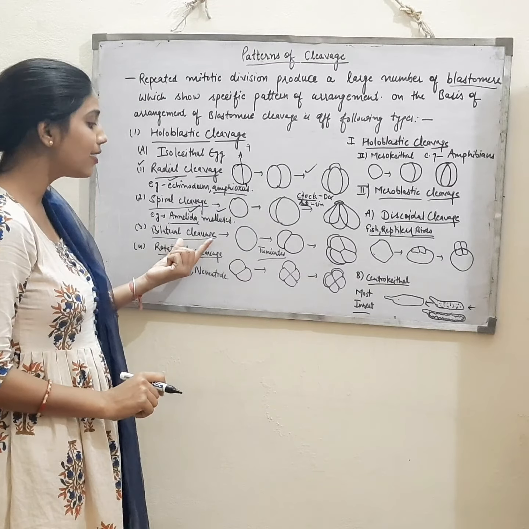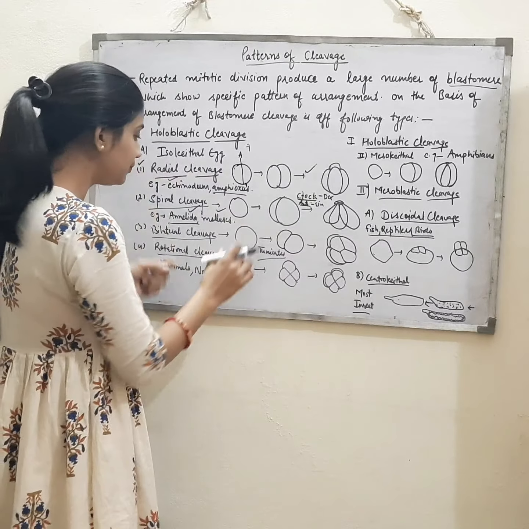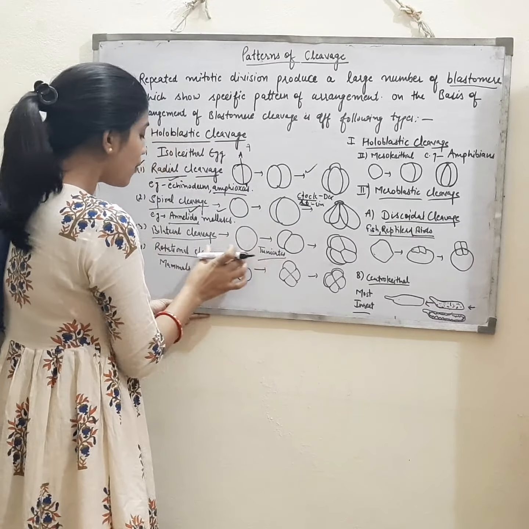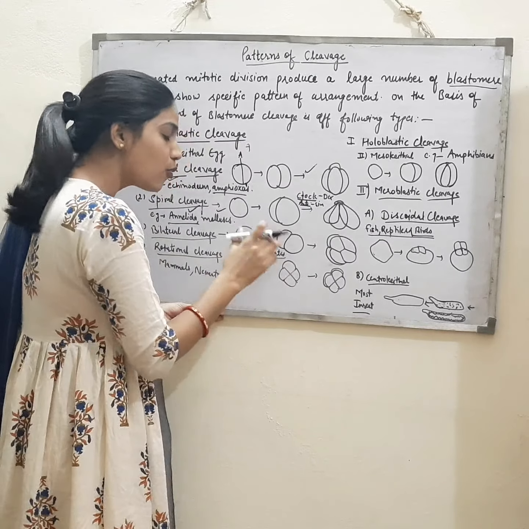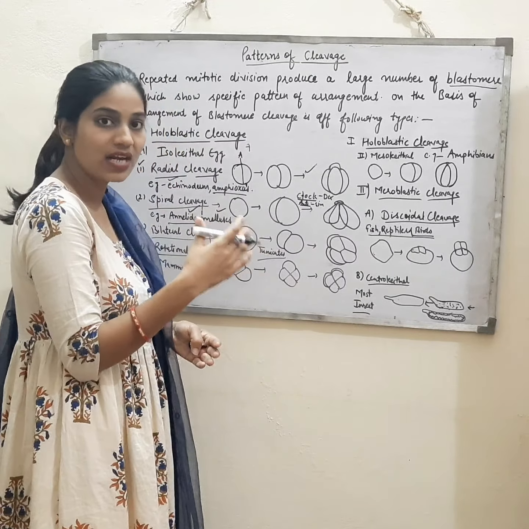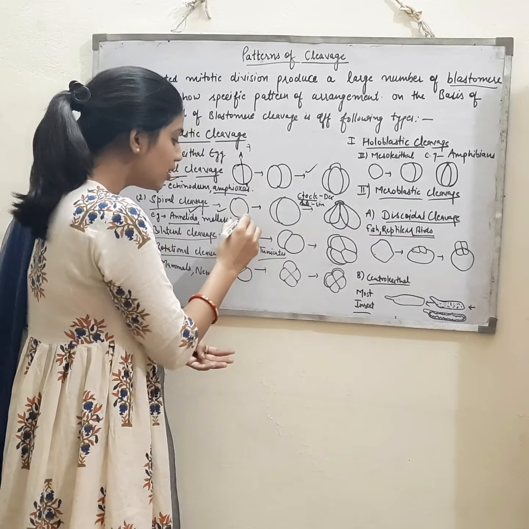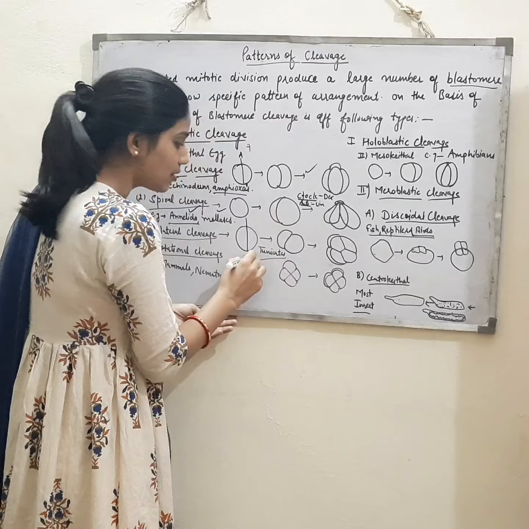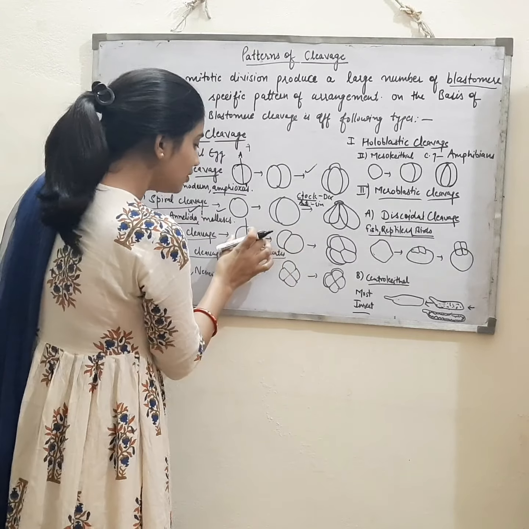Next one is bilateral cleavage. In this cleavage, one type of cleavage pattern is followed by all the blastomeres one after the other. Just like that, one cleavage is like the median axis, and one by one all the blastomeres attain this type of cleavage.